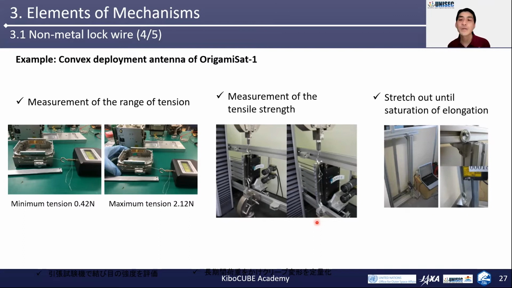So we also measured the tensile strength of the thread, and also we measured the strength of the knot. Finally, these photos show the preparation of the threads. We stretched out the threads by applying loads for a long time until the saturation of elongation. The threads was pulled by weight, and this is a laser displacement sensor to monitor the elongation.